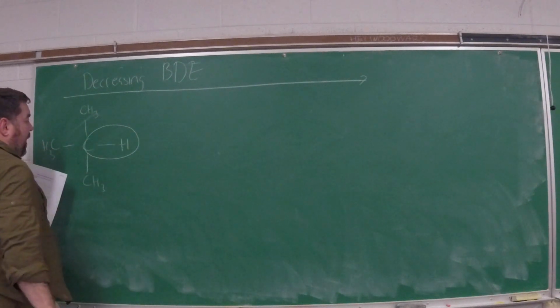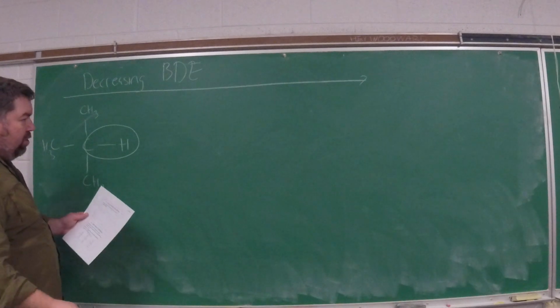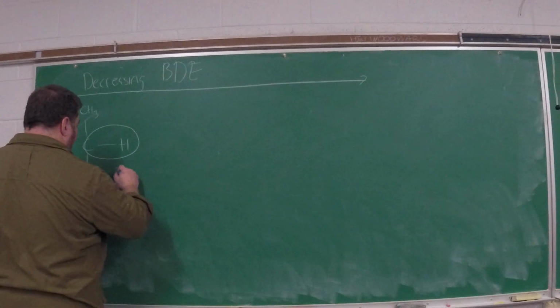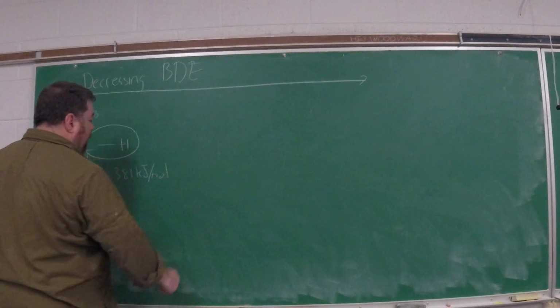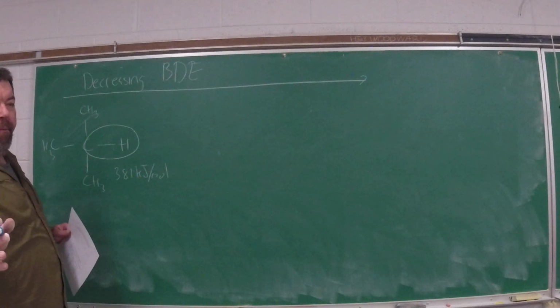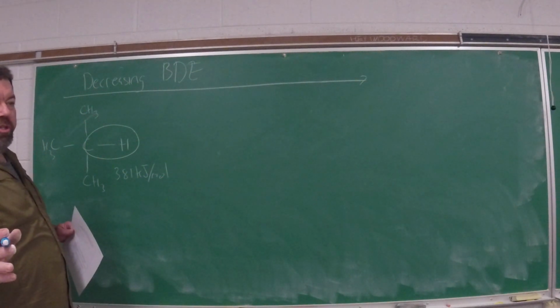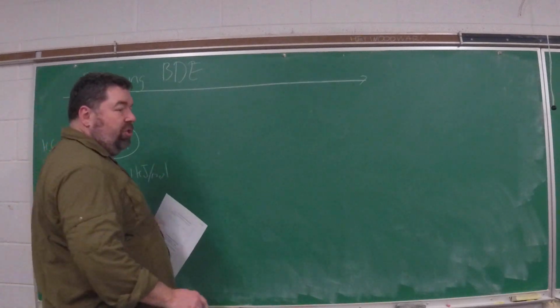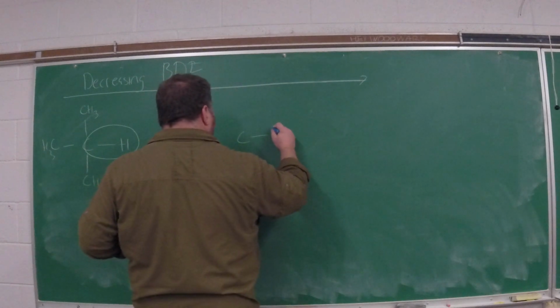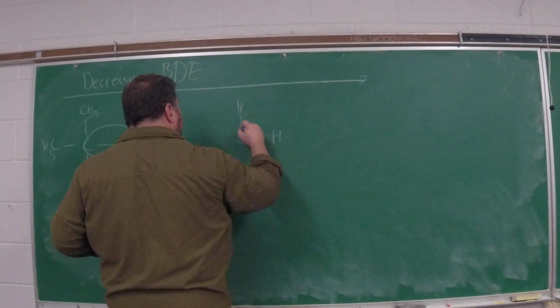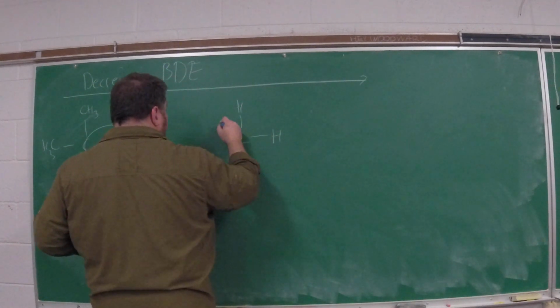We're breaking that bond, and we said earlier that that was 381 kilojoules per mole. I told you an allylic free radical was more stable, so it should have a lower bond dissociation energy. So let's take a look at an allylic position. And it does indeed, actually.